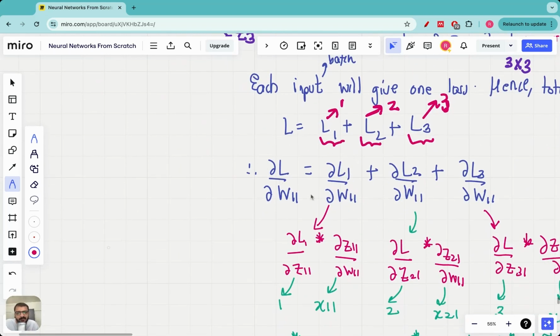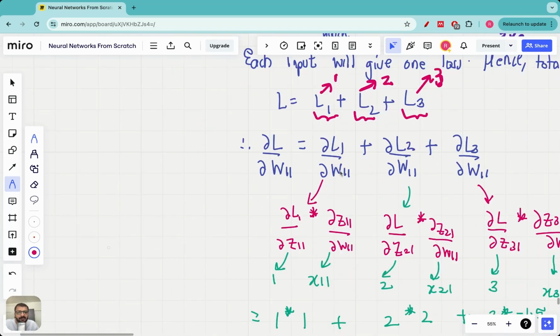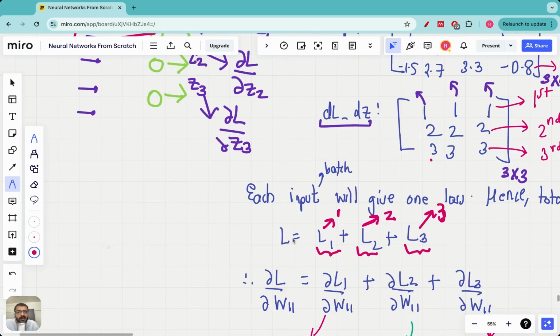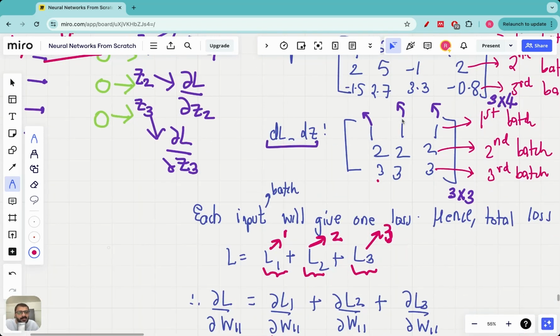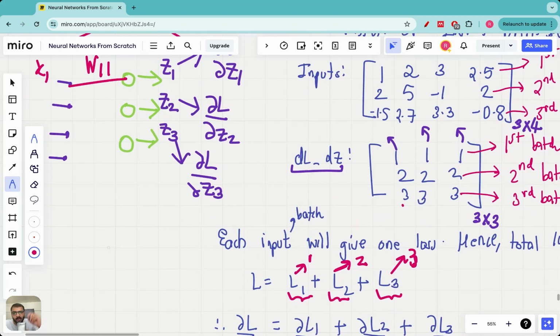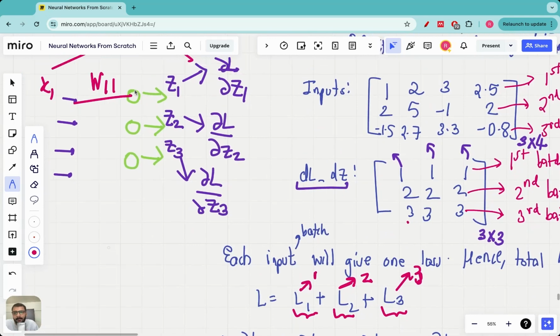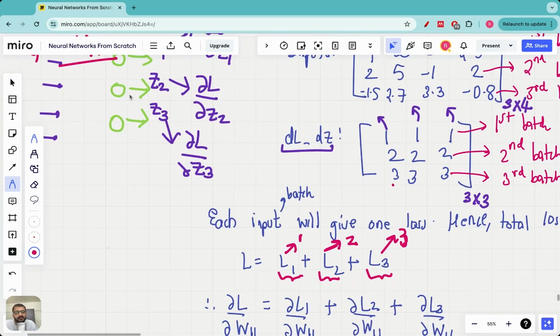For now, let's just focus only on the first batch. So partial derivative of loss with respect to W11 in the first input batch. So this will be partial derivative of loss with respect to Z11. So we are looking at the first batch, right? So we'll be looking at the first row. And because we are looking at the first neuron right now, we are looking at W11.